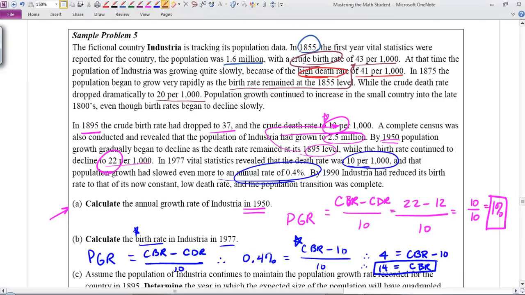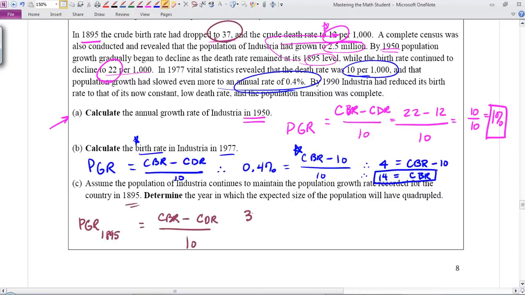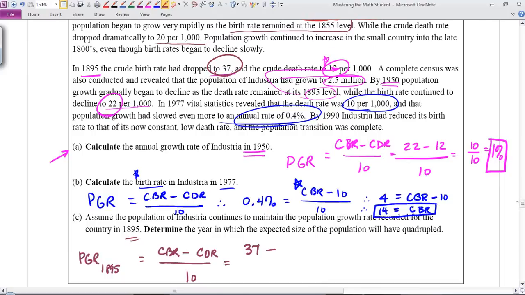Yeah, right there. 37 minus the death rate of 12, and that's divided by 10. So that is 37 minus 12, a nice round number of 25, divided by 10, and that's going to be equal to 2.5%.